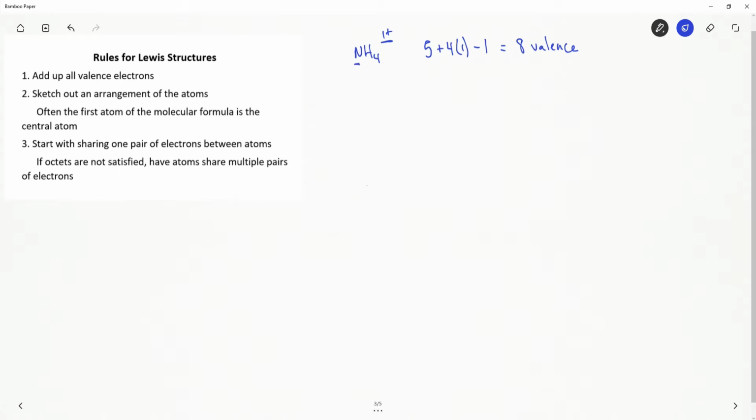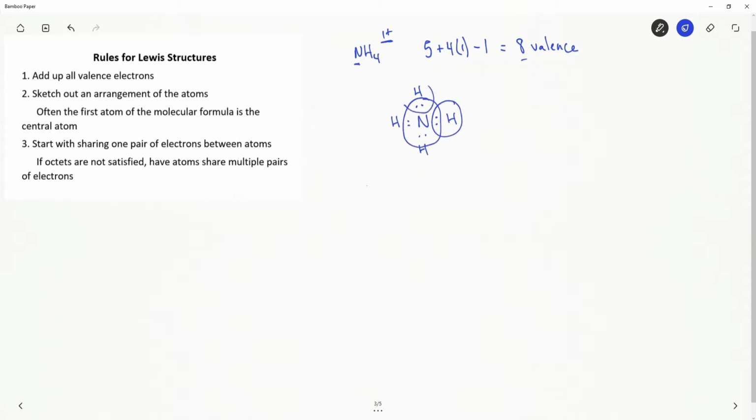Okay, I'm going to assume nitrogen is the central atom. So nitrogen has 4 hydrogen atoms around it. I'm going to start by sharing 1 pair of electrons for each. And that is my total. And that's 8 valence electrons. Let's check my octet. Okay, nitrogen is good.